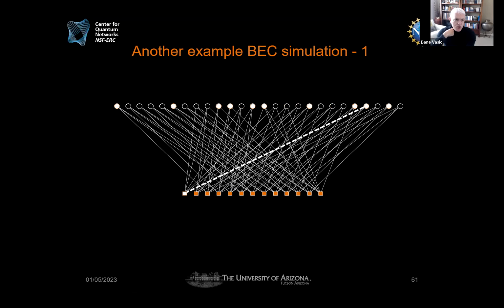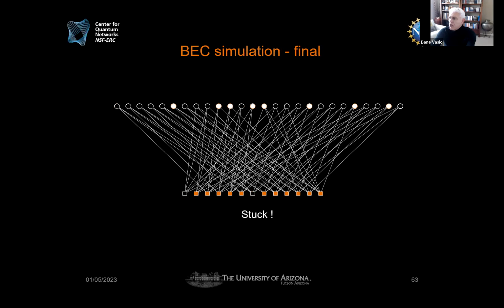However, as you can imagine, there could be situations when errors cannot be corrected. So let's illustrate this in this example. If I run the same algorithm, you can see that in this second iteration, there are no checks with a single erasure that I can use to correct errors, and therefore I won't be able to recover. So if you look at this particular configuration, you can ask yourself why this couldn't be corrected.